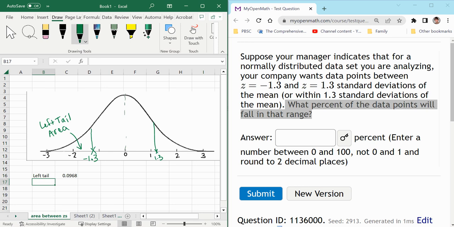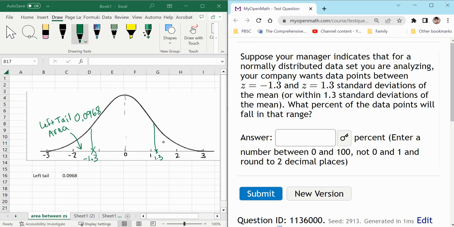Now, I know that the left tail area and the right tail area are the same, again, because the bell curve is symmetric and because the distance of this z-score, -1.3, from 0 is identical to the distance between 0 and the positive z-score.